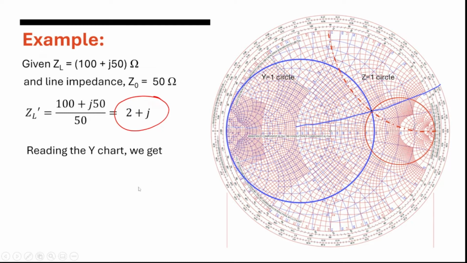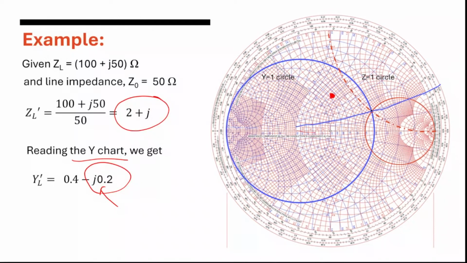If we read the Y chart, the Y for that point is 0.4 minus j0.2. Now notice that for the Y chart, for the imaginary value, if the point is above the line here, for example located here, the imaginary value will be negative.